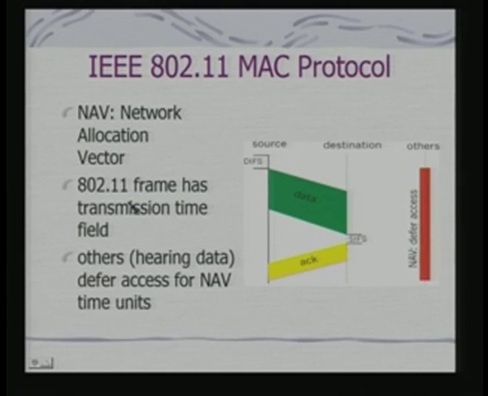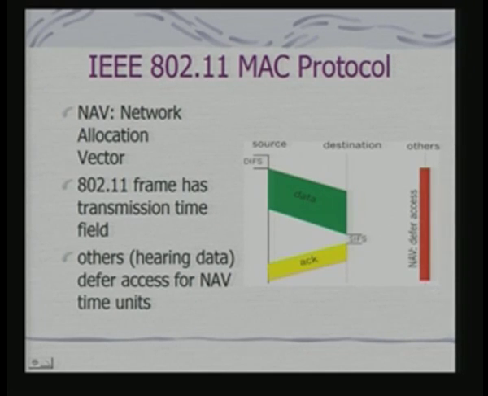The back off is with regard to a NAV, that is, the defer time period specified through the network allocation vector. And 802.11 has a transmission time field, which tells you the time required for such a transmission.